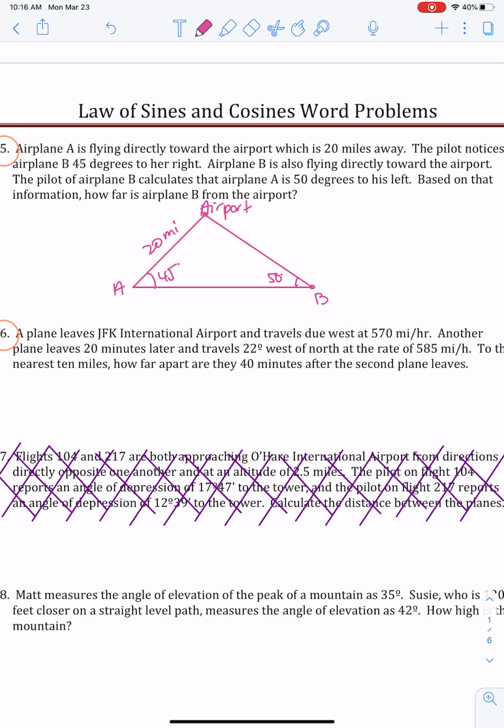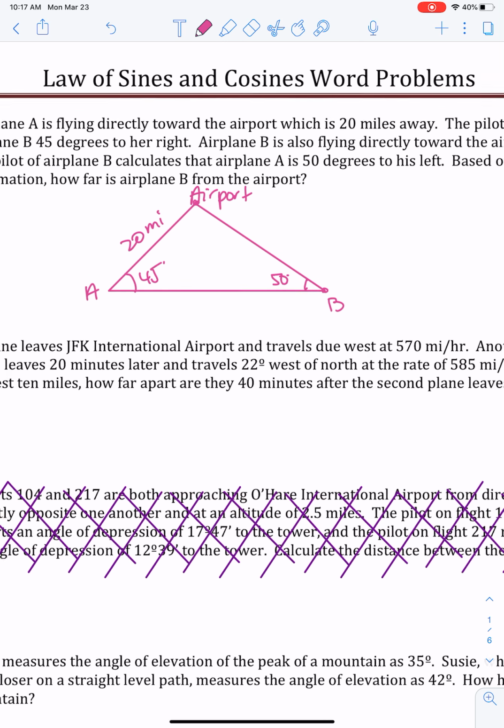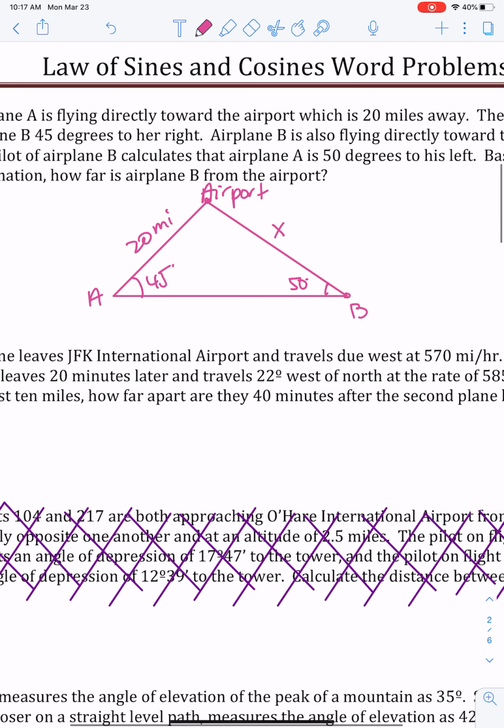However, I did talk to my uncle who is a pilot, and during some of these times when the air traffic control people were gone, the pilots were literally on walkie-talkies, or on their systems, talking to other pilots and saying where they physically were so they didn't run into each other. Mostly it's air traffic control, but in times like we're going through right now, they've been talking on walkie-talkies, making sure they didn't run into each other. But we'll figure out how far airplane B is from the airport.